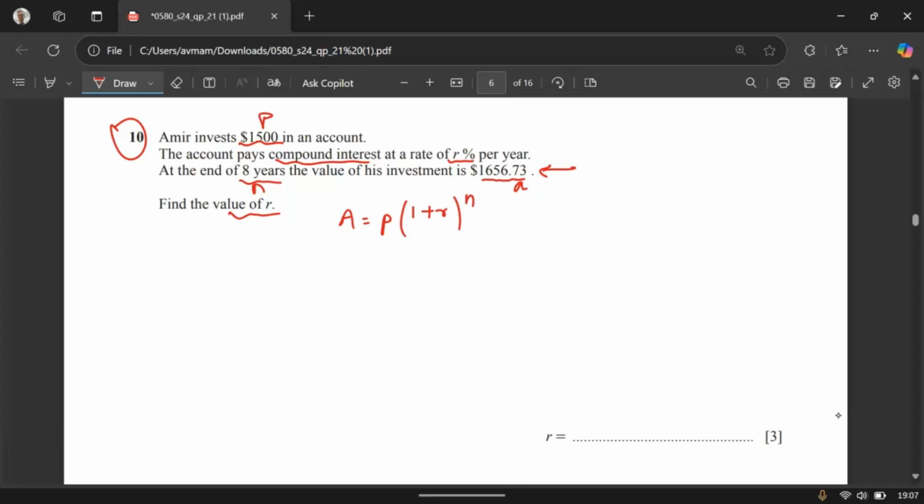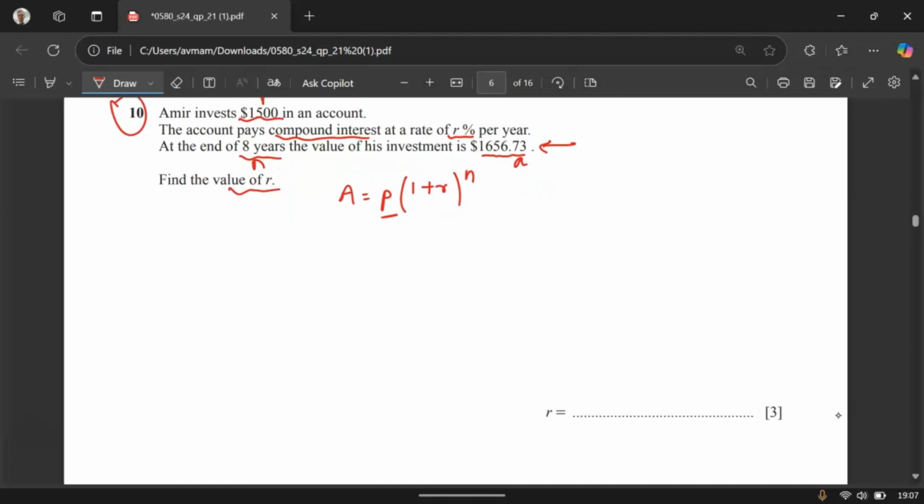Alright, so let's try and rearrange this. First, divide both sides by P. When we divide the right hand side by P, P will cancel, so we only have 1 plus R to the power of n.